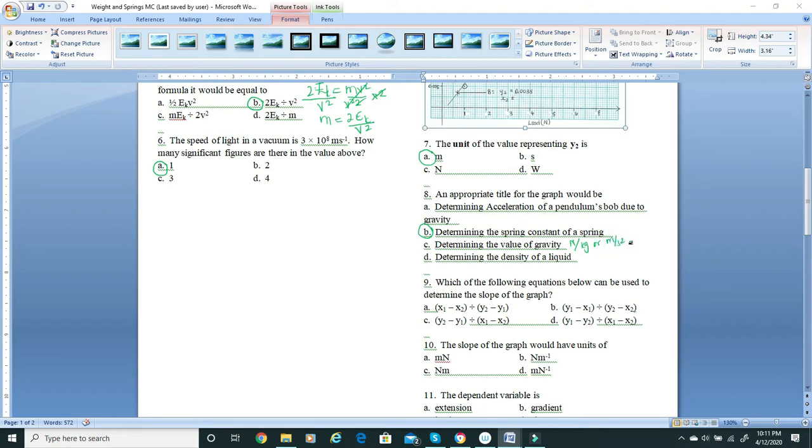But then again, the meters per second squared could be attributed to acceleration. So whatever units you get is what would tell you what your graph is about. Like density of a liquid, you usually have units of kilograms per meter cubed or grams per centimeter cubed. So something like that would have told you.